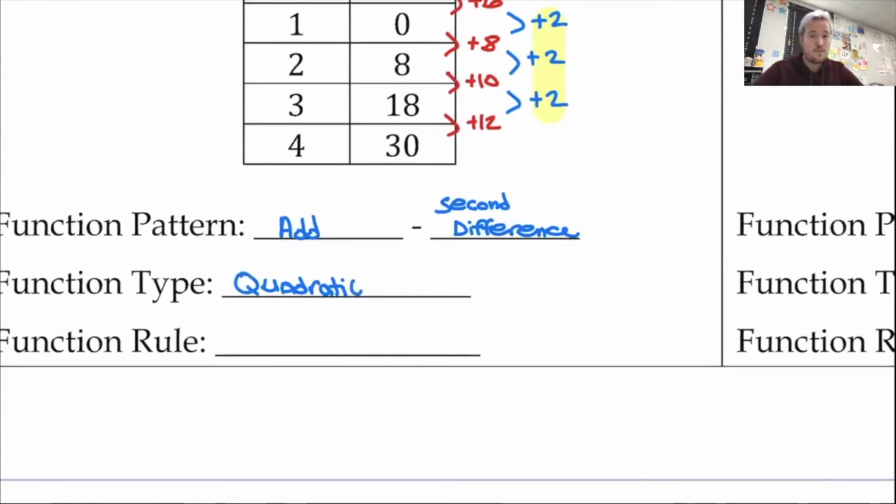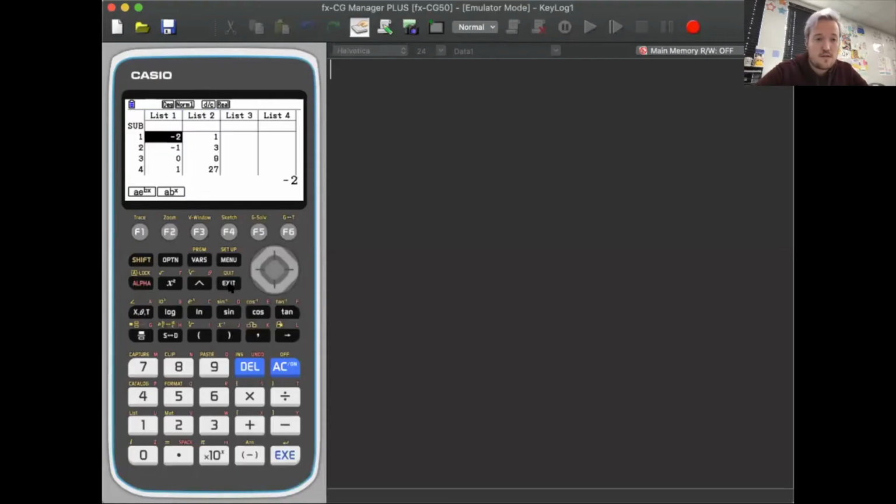All right, so now what I'm going to do is go back to the calculator. And I'm going to do a quadratic regression. So exit, exit, back to regression. All right, so in this case, my x values changed. So 0, 1, 2, 3, 4. And then my y values over here, we have -6, 0, 8, 18, and 30.